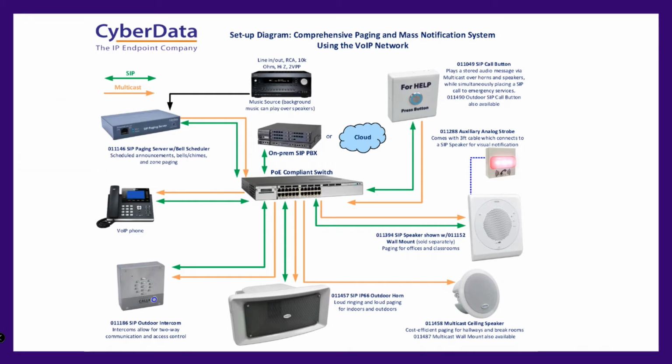And the nice thing with these SIP call buttons is they can have a particular audio file loaded directly on the unit. And then when the button is pressed, it can either send a multicast announcement back across the network to hit all of those devices in your hybrid-based system, but they can also make a call to a particular number. So if it was anything like my high school or my middle school, there was a school resource officer, actually a police officer that was on campus at all times.